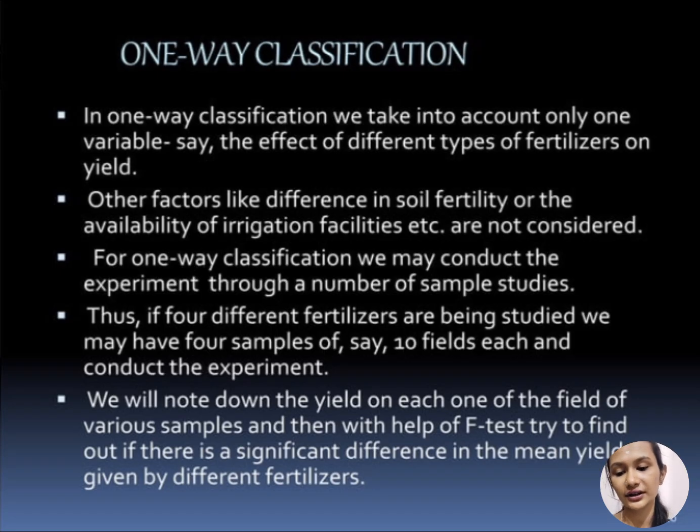For one-way classification, we may conduct the experiment through a number of sample studies. Thus, if 4 different fertilizers are being studied, we may get 4 samples, say 10 fields each, to conduct the experiments. We will note down the yield on each one of the fields of various samples, and then with the help of the F-test try to find out if there is a significant difference in the mean yields given by the different fertilizers.